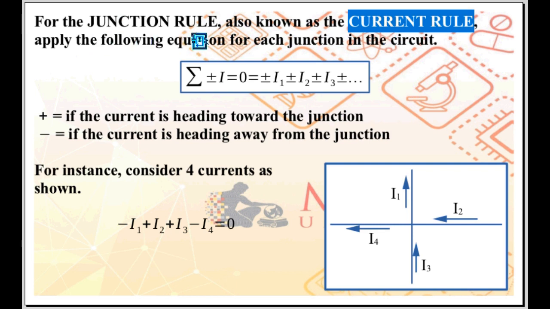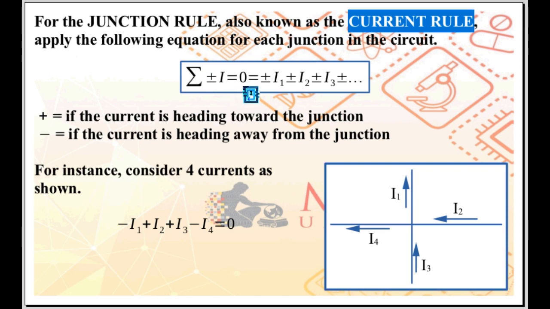Apply the following equation for each junction in the circuit: summation of plus minus I is equal to 0, where I is the current or currents associated with the junction concerned.